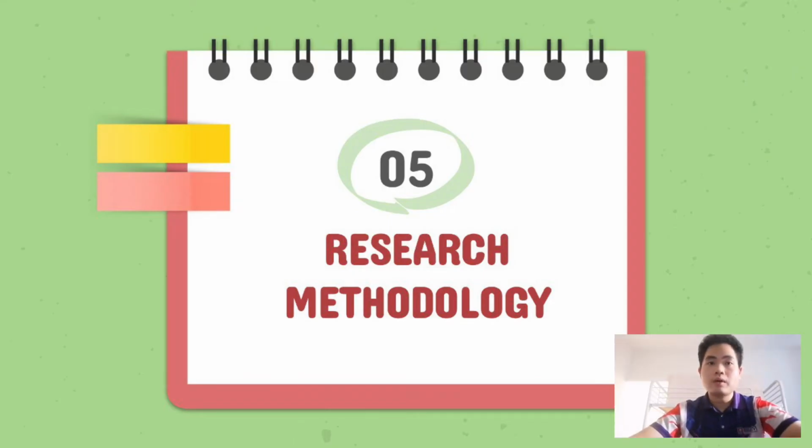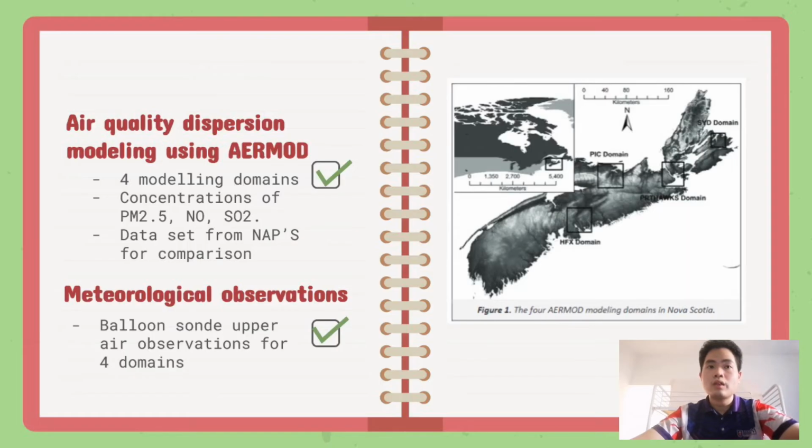Next, I will be talking about the research methodology. In our research, there are two methods used to collect the data. The first one is by using the AERMOD software to model the air quality dispersion, while the second one is through meteorological observations. In the first method, we use the software to model the data of the air quality dispersion by referring to 4 modeling domains, which means that we set 4 points of location in Nova Scotia to observe the data.